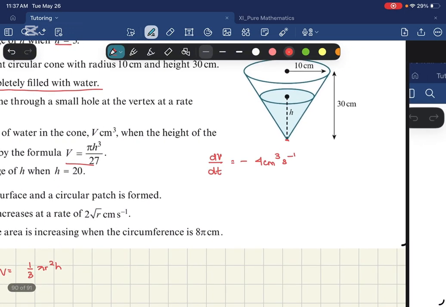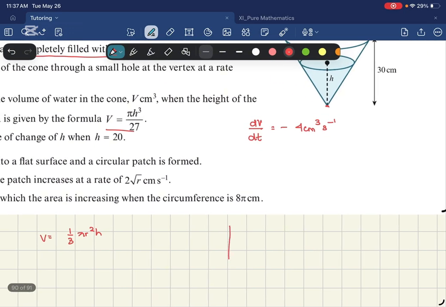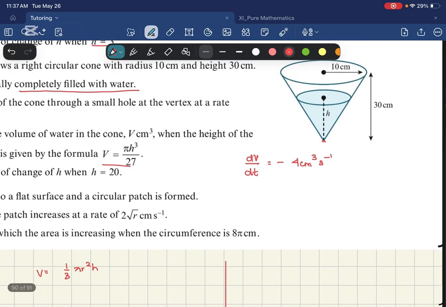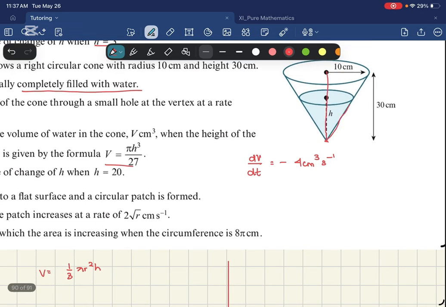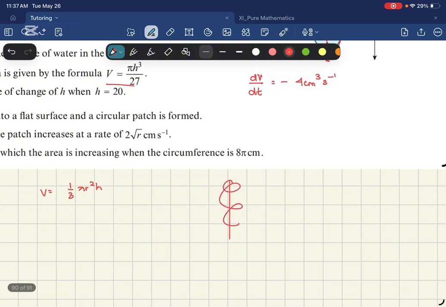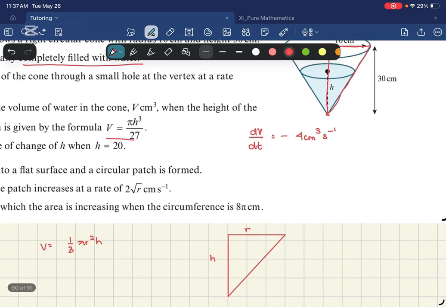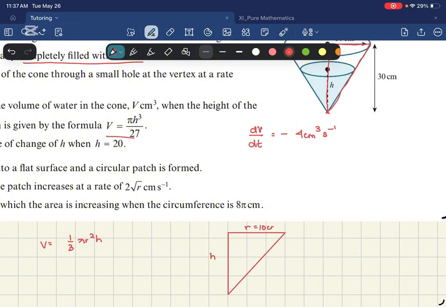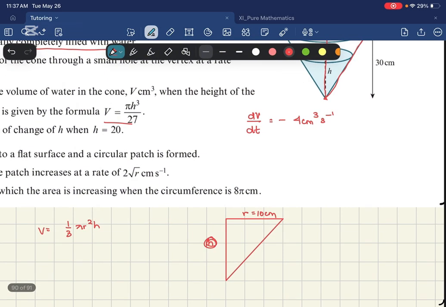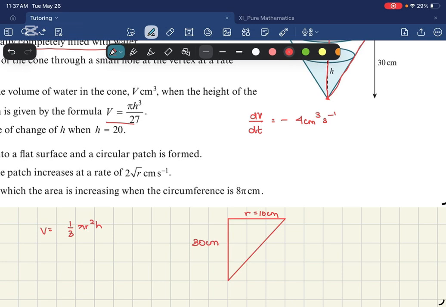So if I just split this cone in half, I have a right angle triangle here. This is the height of my cone. This is my radius, and radius is given to me as 10 centimeters. The height is fixed, 30 centimeters.